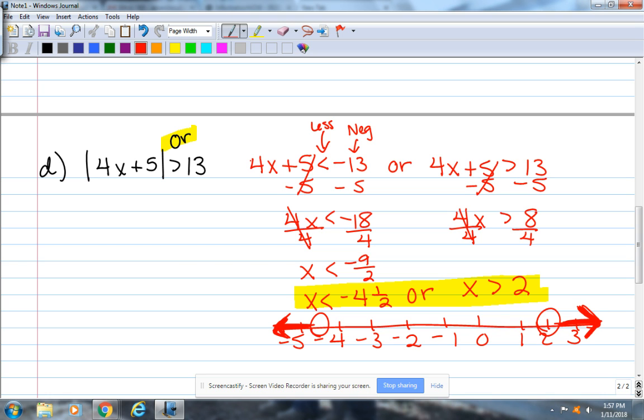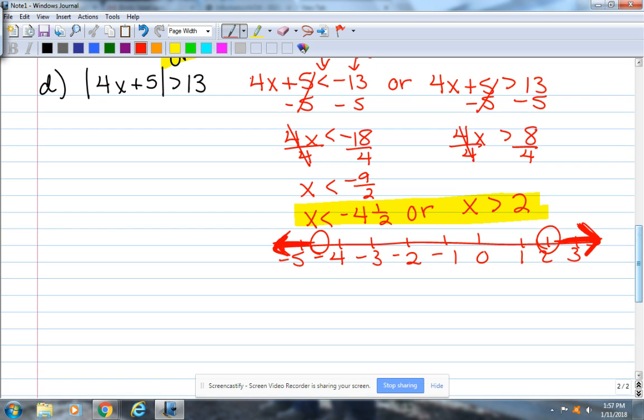So let's do one more OR problem. When do you have an OR? When you have what symbol at the beginning? Greater than or equal to. Very good. So let's do this one: absolute value of 2x minus 7 is greater than or equal to 1.